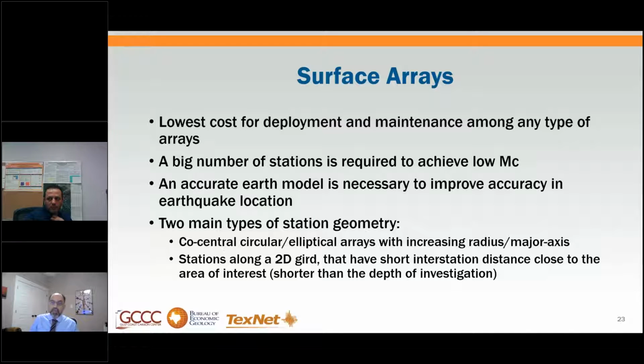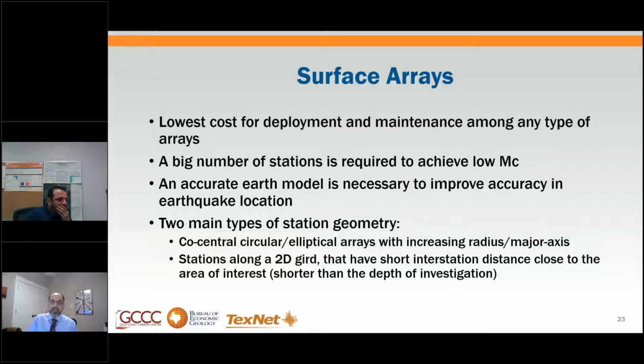Now, there are three suggested arrays that we can use. One is the surface arrays, where we have seismic sensors deployed on the ground, on the surface. Those are low-cost systems. They are very low cost for deployment and maintenance among any type of arrays. You have to have a big number of stations to achieve a low magnitude of completeness.